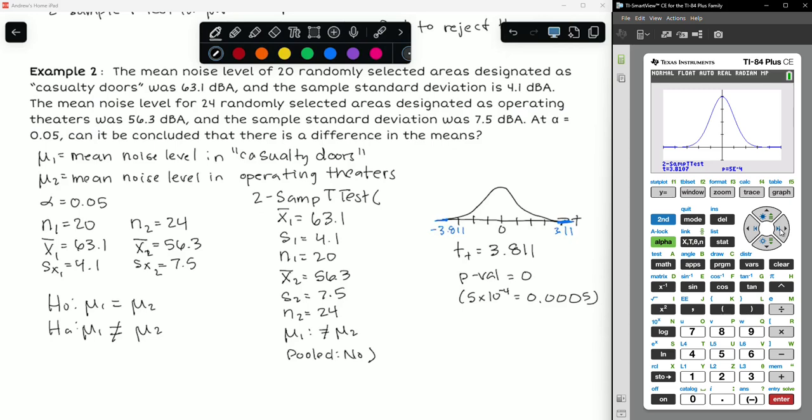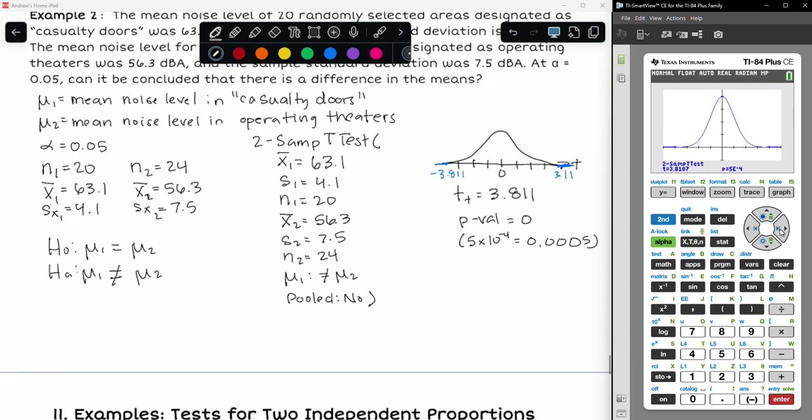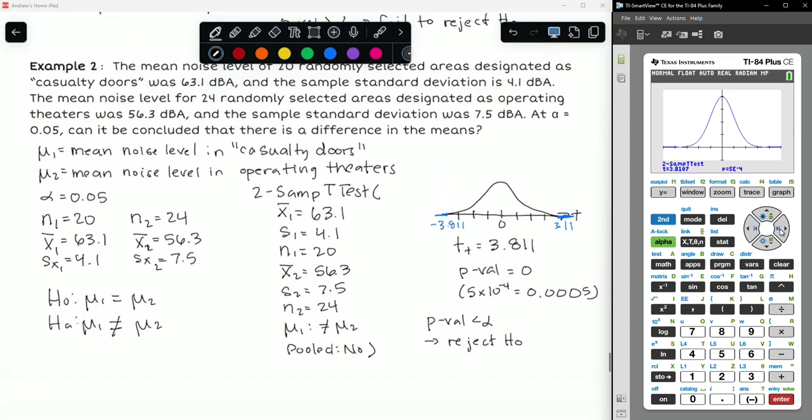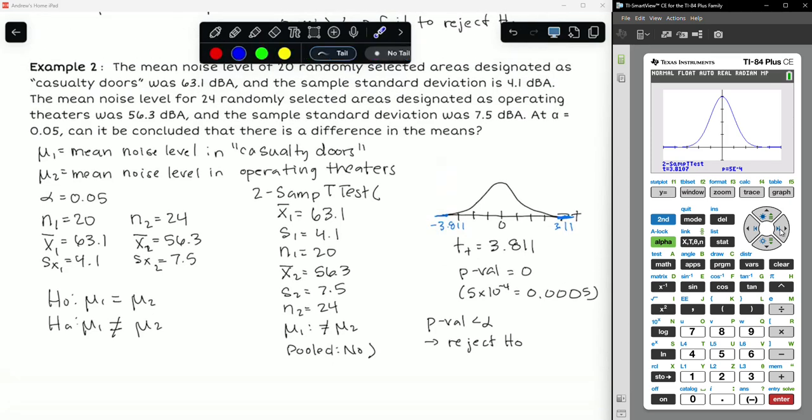Since my p-value is so very small, significantly smaller than my alpha, I'm going to reject my null hypothesis. And since I am rejecting the statement that they are equal, I am providing evidence that there is a difference in the mean noise levels between casualty doors and operating theaters.